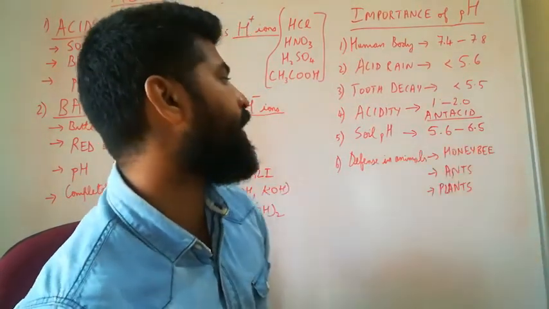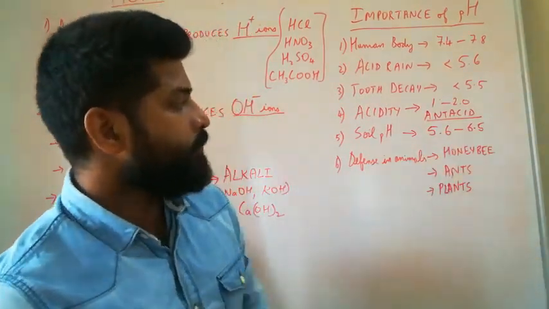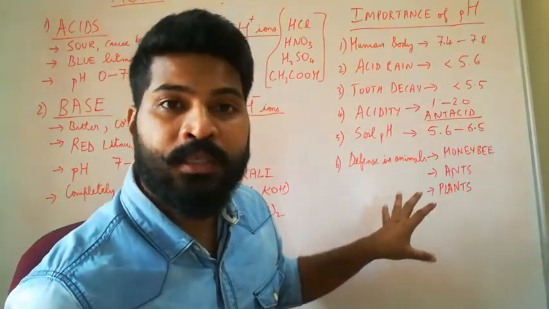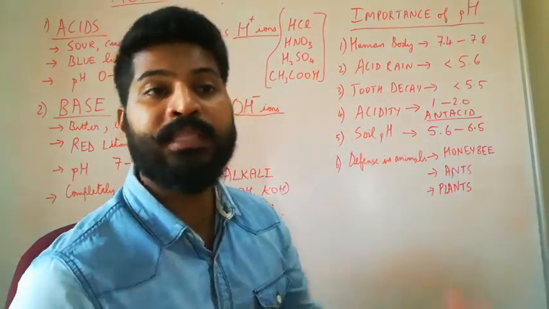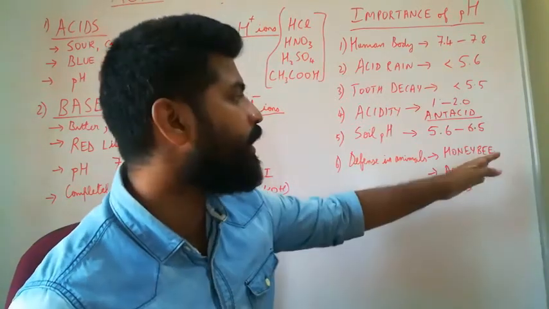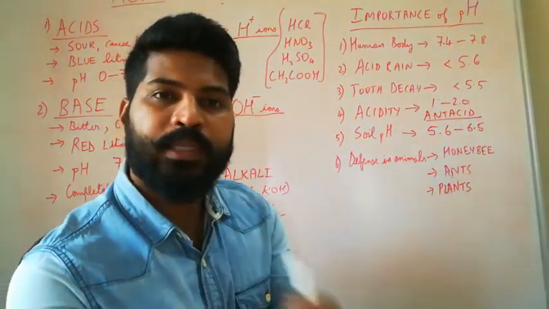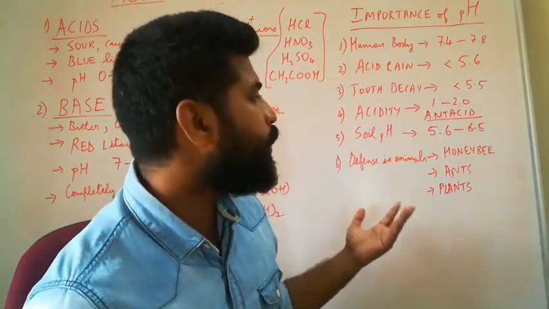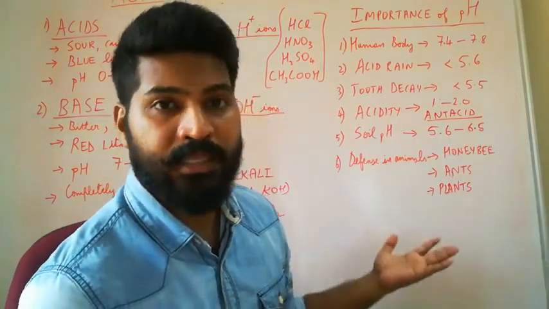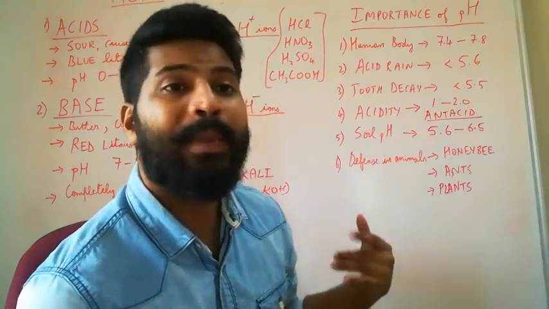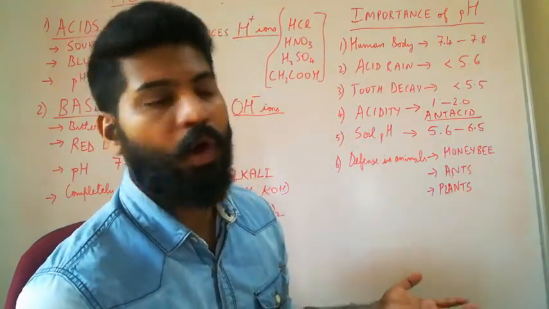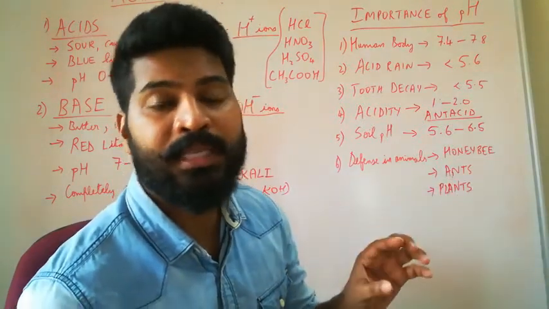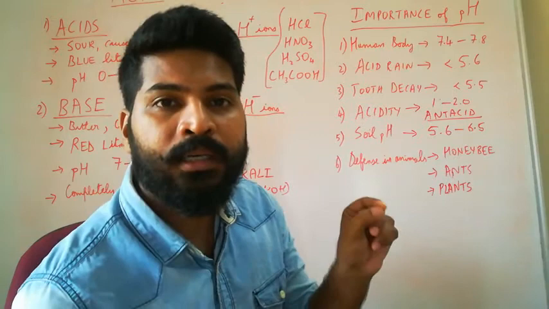This particular pH range. Not only that, certain animals use acids as defense mechanisms. For example, when a honeybee or a wasp stings you, you feel a lot of pain. This is because they produce certain types of acids, such as methanoic acid, or ants are known to produce formic acid or myrmecic acid.